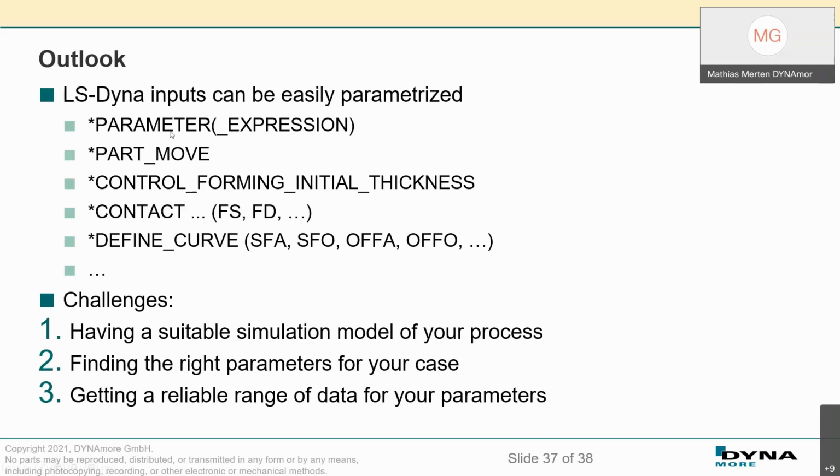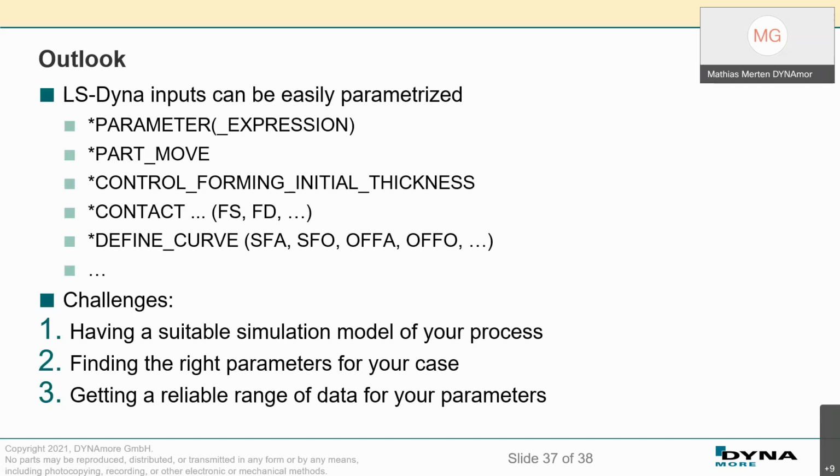And finally, all defined curves and many boundary related keywords have these SF scaling factors for the abscissae or the ordinates, or even offset values which you can use for the parameterization, and then technically easily have access to them in LS-opt.